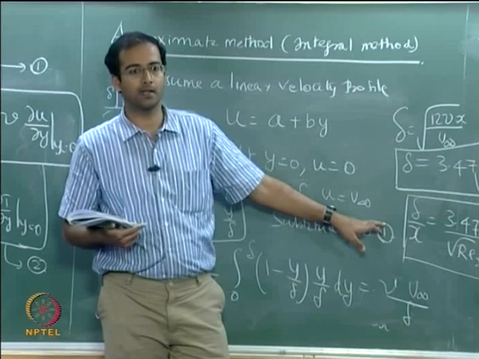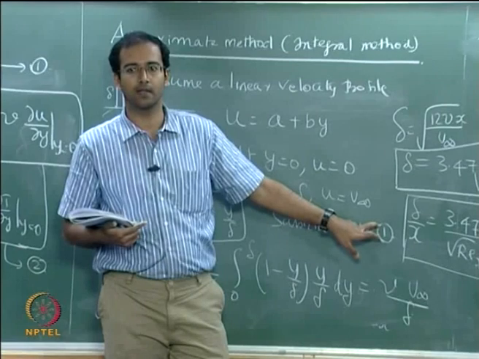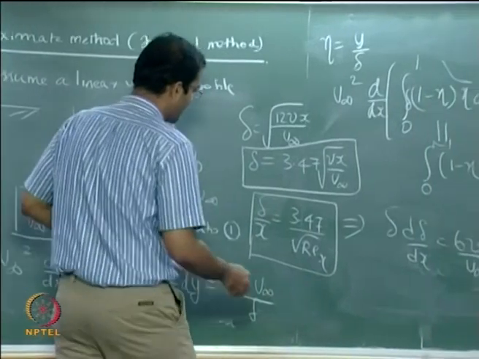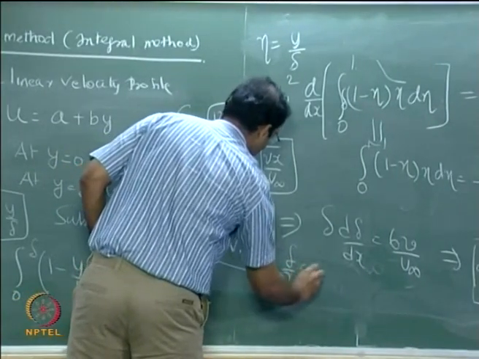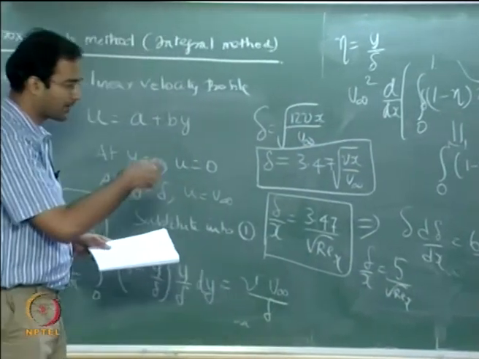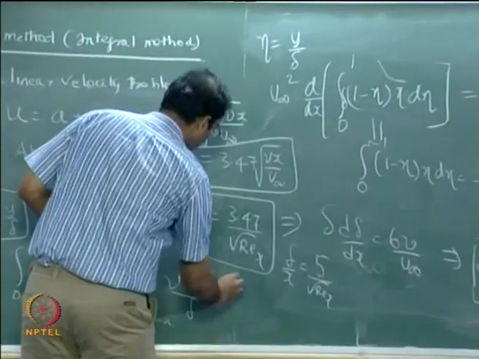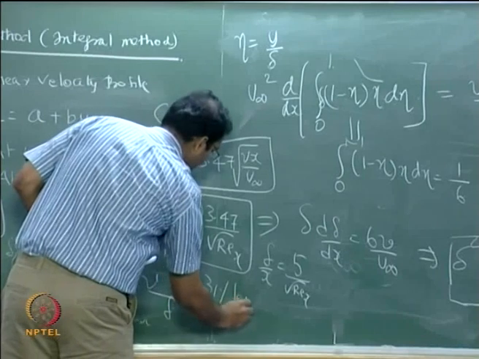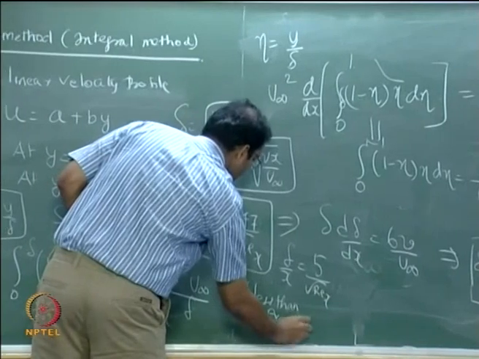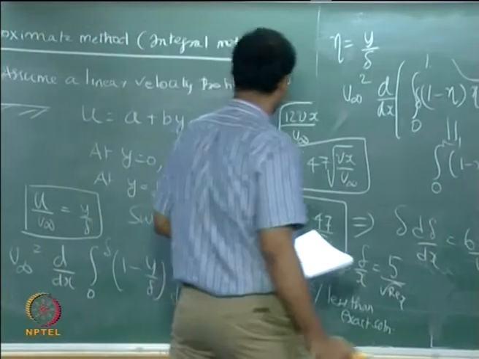Corresponding to f prime 0.99, we found that eta was equal to exactly 5, and that is nothing but the value of delta. So this is how we have got it approximately. The actual solution is delta by x is equal to 5 by square root of Re x. Since we are using an approximate profile, this is the variation. This is about 31% less than the exact solution, so there is an underestimation that we get by using the linear profile.